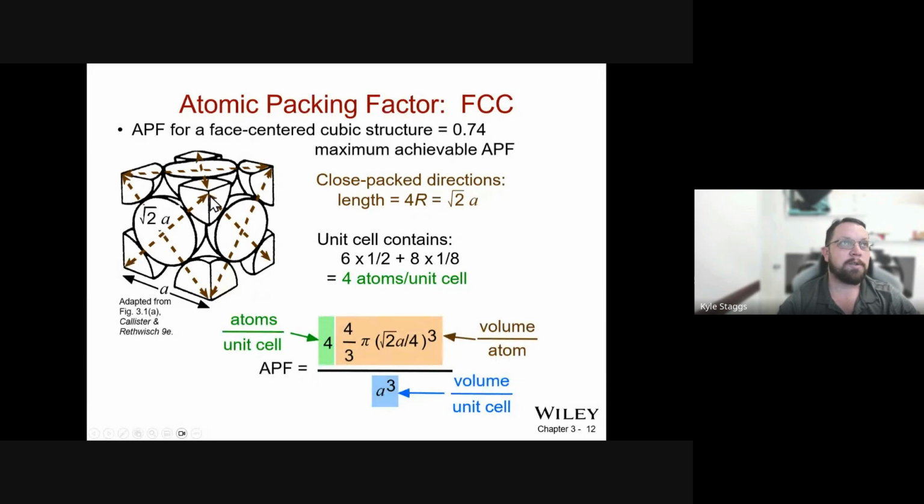It's always through 2 complete atoms in terms of the distance. So 4 total atoms per unit cell, 4/3 pi r cubed, the volume of the atoms divided by the volume of the unit cell.